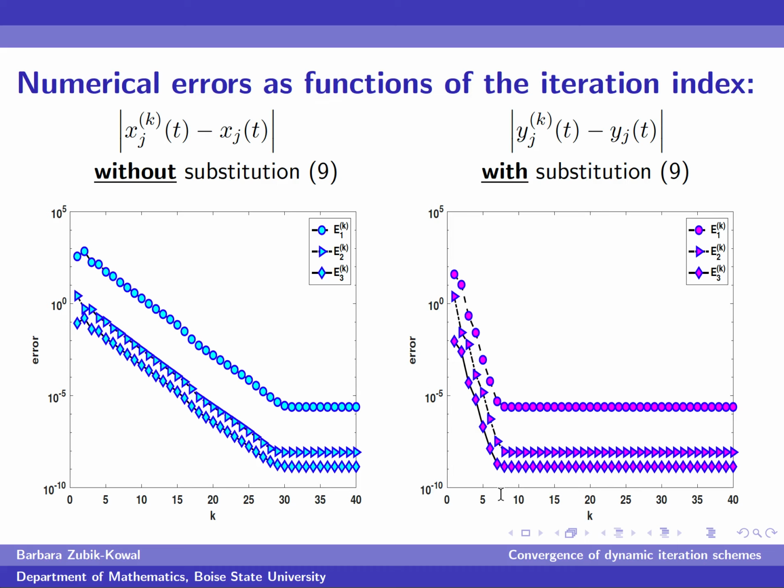Now, the range of the vertical axis in both figures is identical, so that we can compare the accuracy of both numerical schemes. And the accuracy ranges from about 10 to the power minus 6 to 10 to the power minus 9. And we see that the substitution involving the function zt preserves the accuracy of the time integration. So the conclusion is that by reducing the number of iterations by 22, we save computational time and we reach the same accuracy in both cases.